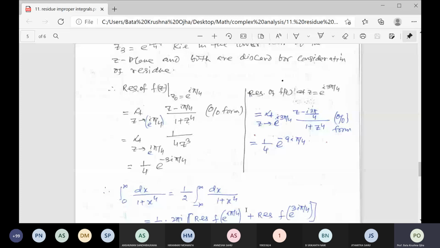If it is cos x, take the real part of e to the ix; if it is sin x, take the imaginary part of e to the ix; if it is cos 2x, that is the real part of e to the 2ix. Taking that, you solve the questions. The same procedure you have to apply and the same contour.